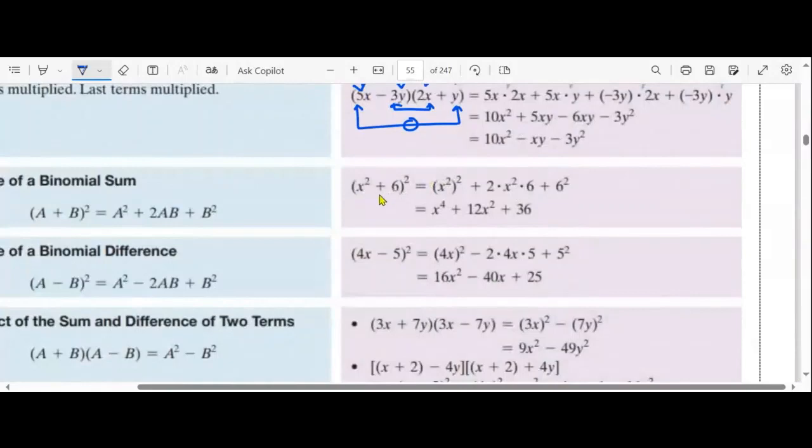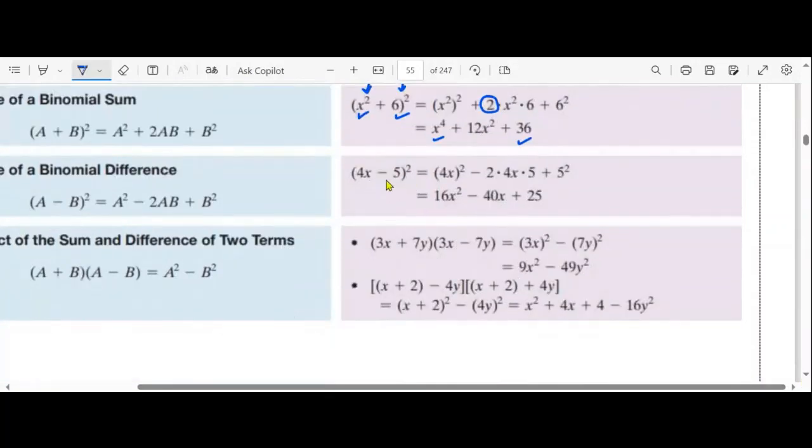For this one, I have x squared plus 6, all squared. So in this case, we're going to square the first, square the last, and multiply the first times the second times what? Times 2. Okay. Now the same thing for the binomial here, but it's the difference.